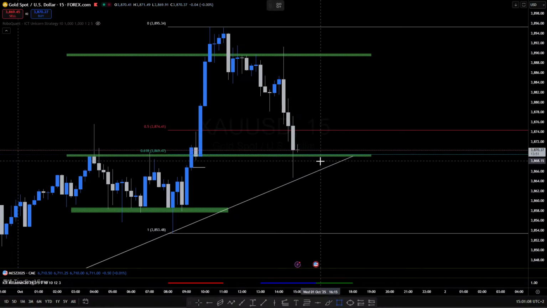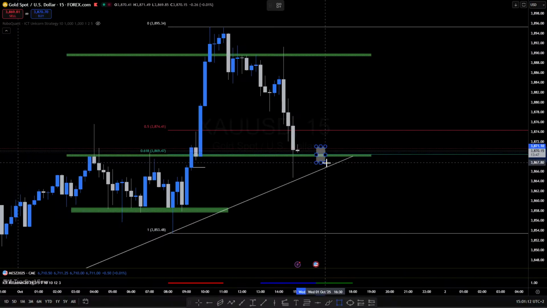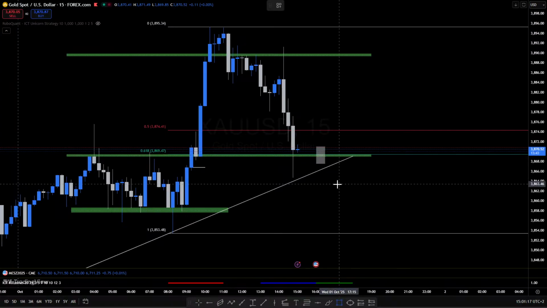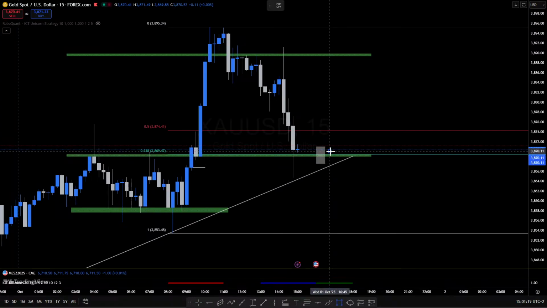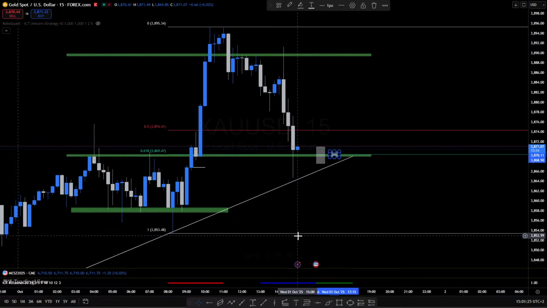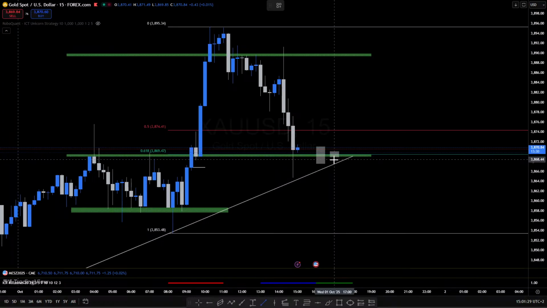If we could have a candle that looks like this, and we get another candle that goes down around here and comes back, it will leave a wick, like around here.